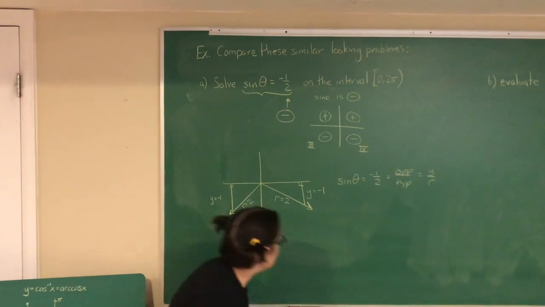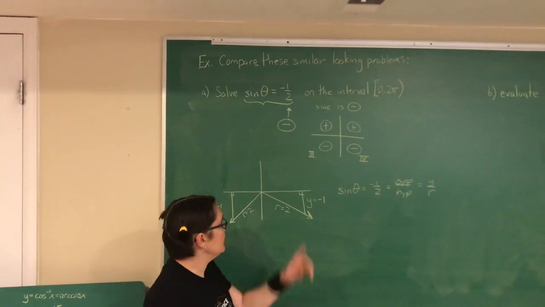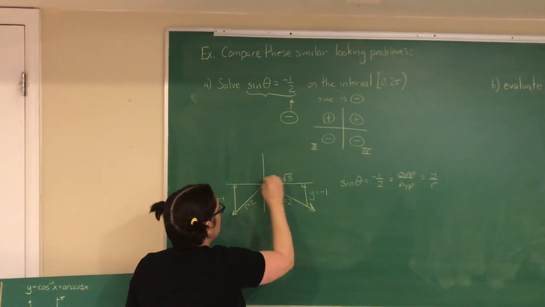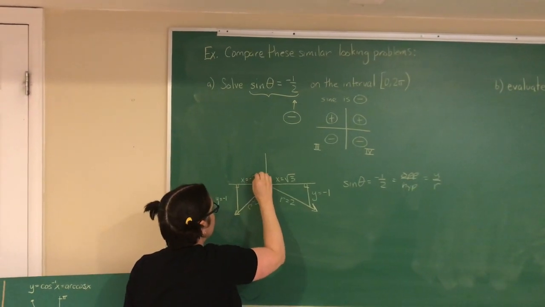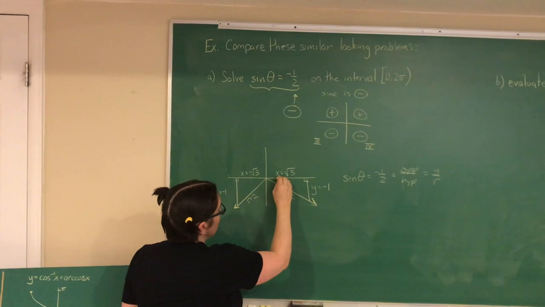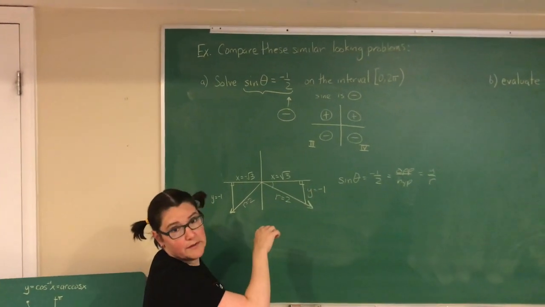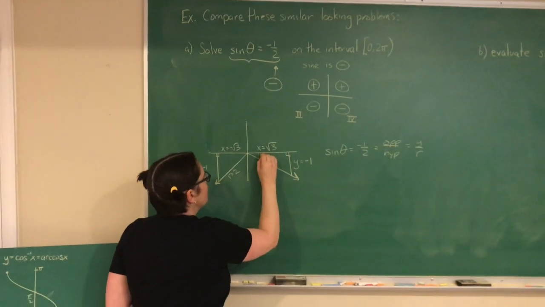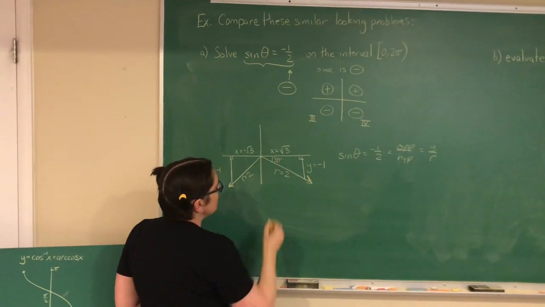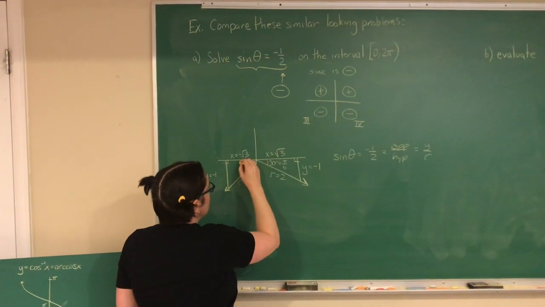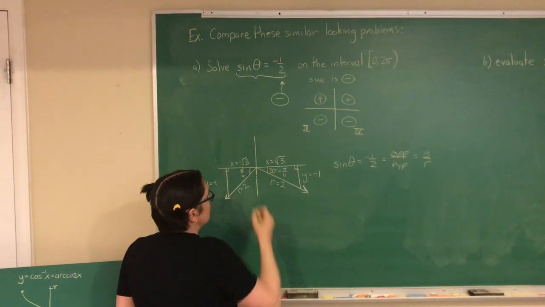And as soon as I see those two sides on one of these triangles, the 1 and the 2, I know that the third side is square root of 3. And I also know that my reference angle is the angle across from the 1, so the smallest side. So this is a reference angle of 30 degrees or pi over 6 radians. And same for the other angle. Our reference angle is pi over 6.